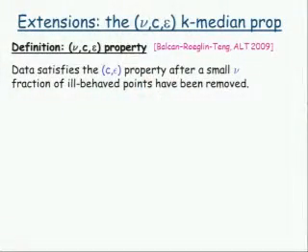Okay, and I think I have a few more minutes. Maybe I should make a few more comments. This goes back to one of the questions that I had earlier. Maybe the C-Epsilon property is not reasonable, but maybe an approximation of it is reasonable. In fact, we did analyze a relaxation of this C-Epsilon property, in particular one that allows for outliers.